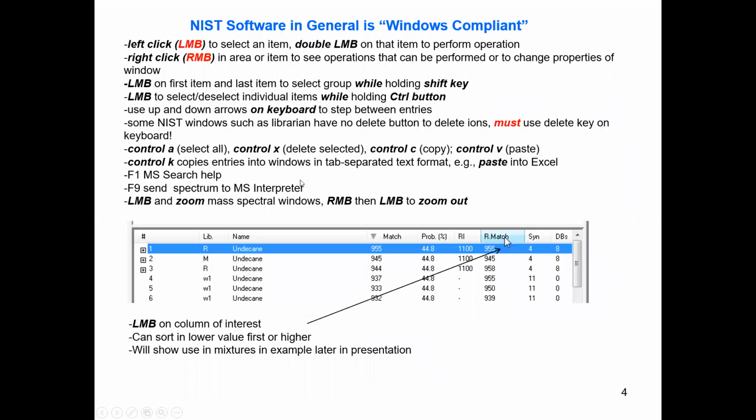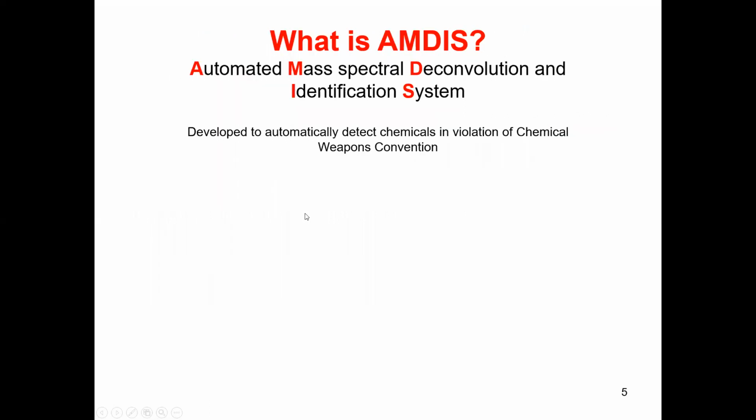The NIST software in general is Windows compliant. So all the commands that you might use, you'll find here, plus a few additional ones that might not be part of Windows. The thing that I like a lot in some of the programs, you can search by one attribute, let's say match, but then you can resort by reverse match without having to do a search again using those parameters. So that's very handy for sorting things.